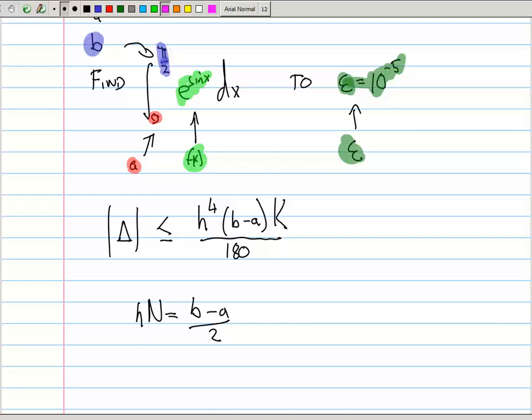And let's just do some quick color coding of this. We don't have our function listed as yet, but we have got our a, we have got our b. We need to figure out what our h is. We've got our b here, we've got our a here. Let's make h magenta.